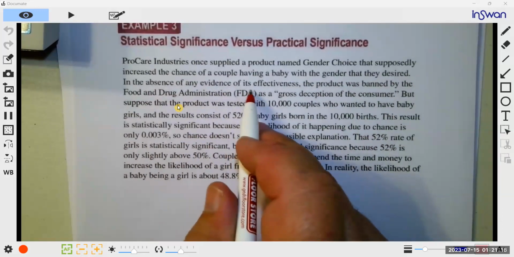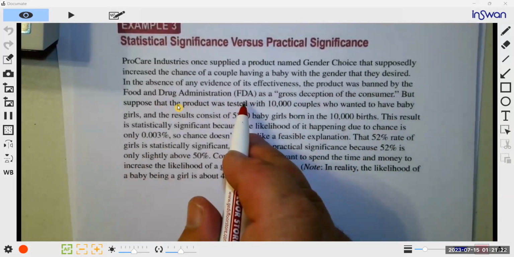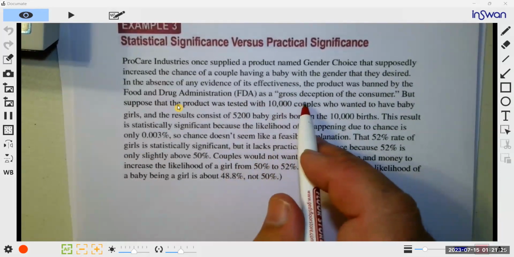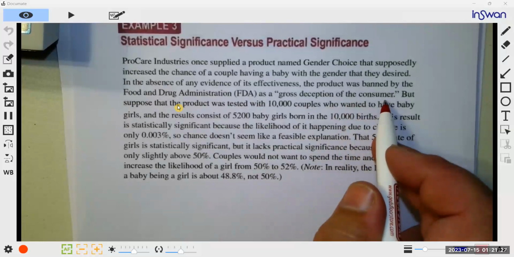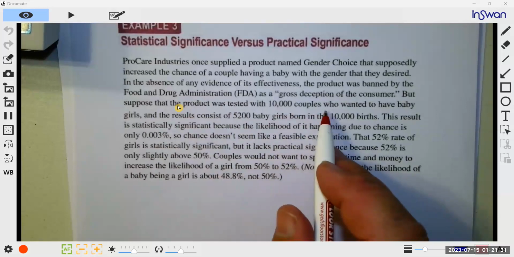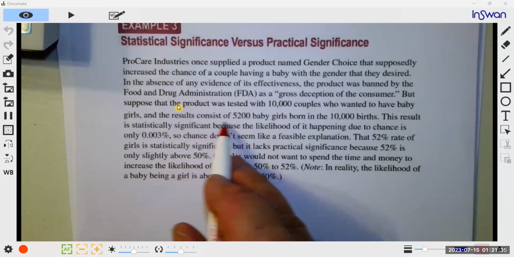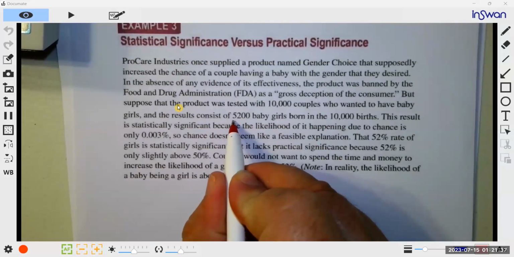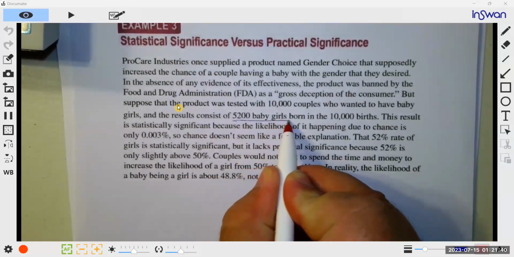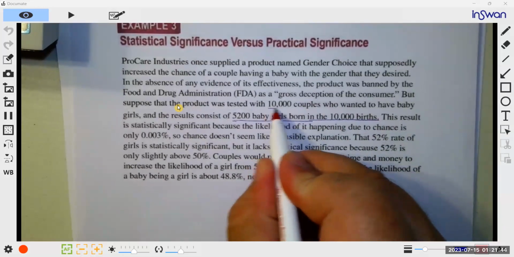In the absence of any evidence of its effectiveness, the product was banned by the Food and Drug Administration, the FDA, as a gross deception of the customer. But suppose that the product was tested with 10,000 couples who wanted to have a baby girl, and the results consisted of 5,200 baby girls born in 10,000 births. So remember, we had 10,000 couples.